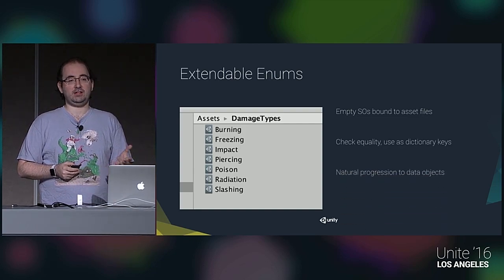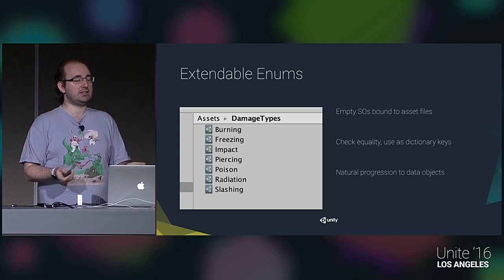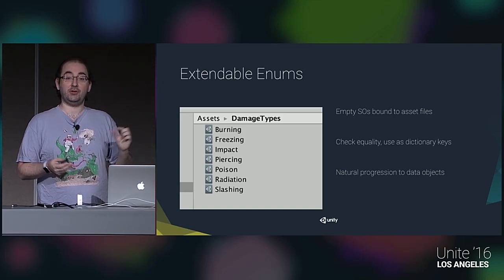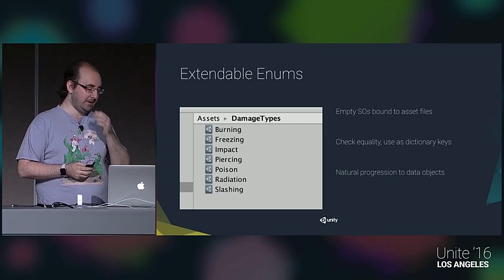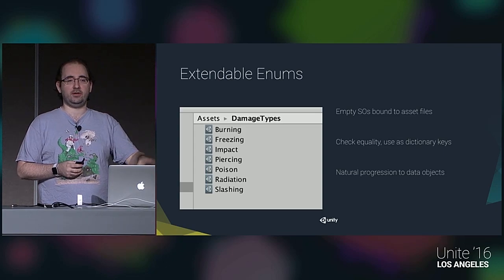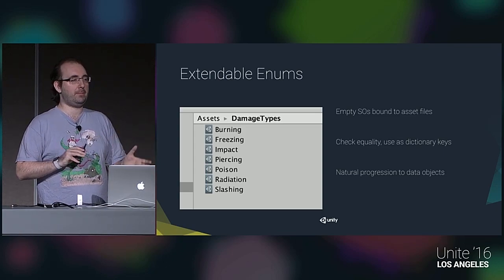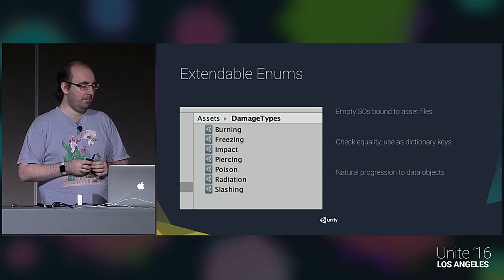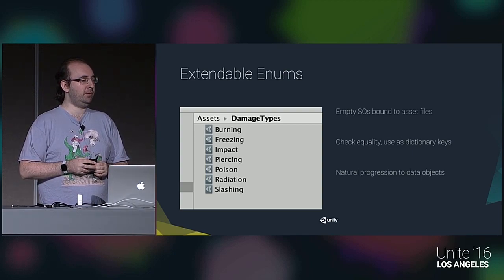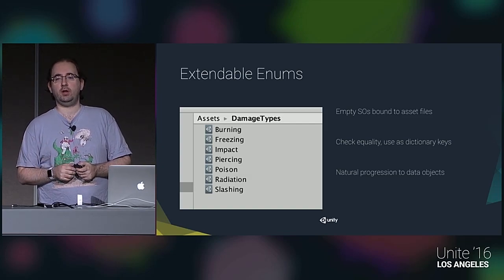Once you decide that actually it would be helpful to have some information associated with these things, there's also a very natural extension to go from these empty scriptable objects to a non-empty scriptable object. So maybe having created all these different damage types that exist in my game from different weapons and different attacks and so on, maybe I want to add a bool for which ones the player is vulnerable to or something like that.